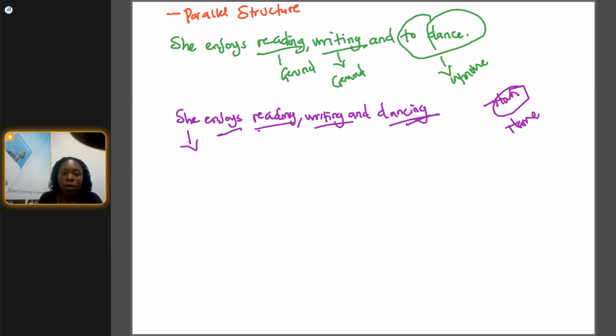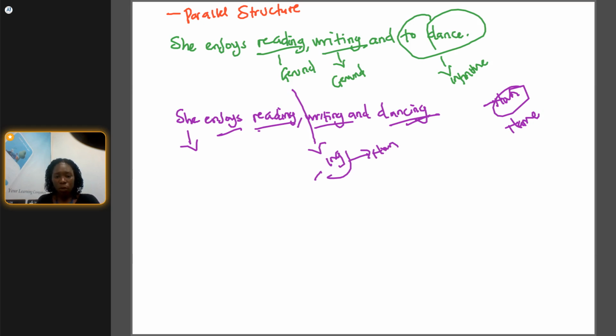When they end with -ing and function as a noun, you call them gerunds. If they end with -ing and still function as a verb, they are still verbs.